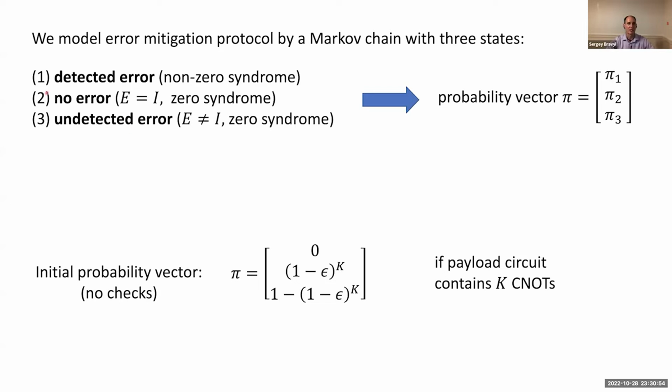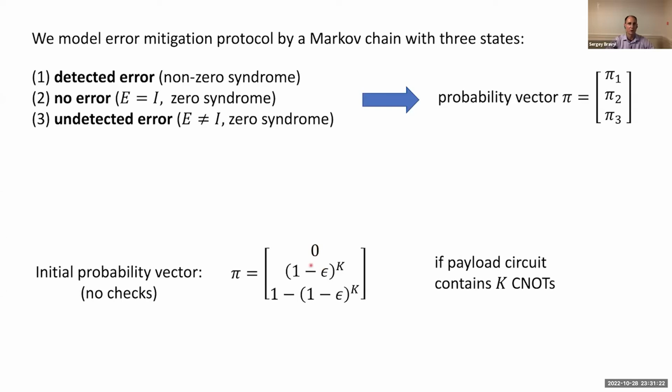And we can calculate the probability to end up in each of these states, 1, 2, and 3. So we have this three-dimensional vector of probabilities. For example, if we consider just a payload circuit without any checks, the probability of detected error is 0 because there are no checks.